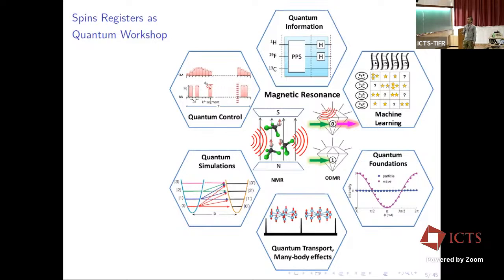So in that sense, there are two complementary architectures, and with them we do quantum control, we do quantum information, we study quantum simulations and quantum transport, and we are also interested in studying some aspects of quantum foundations and a little bit of machine learning and so on. That's the research program in our lab, and we call this a quantum workshop.